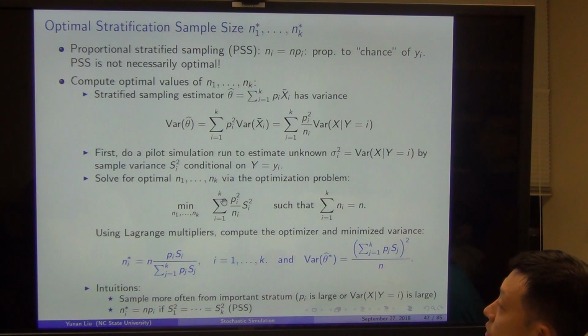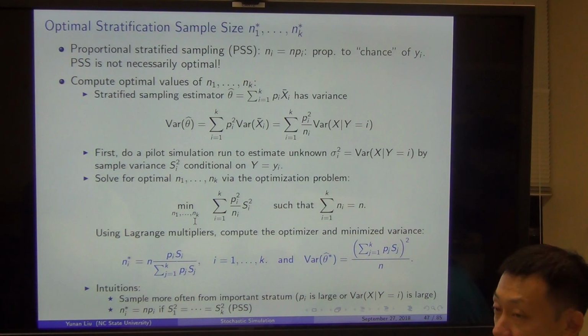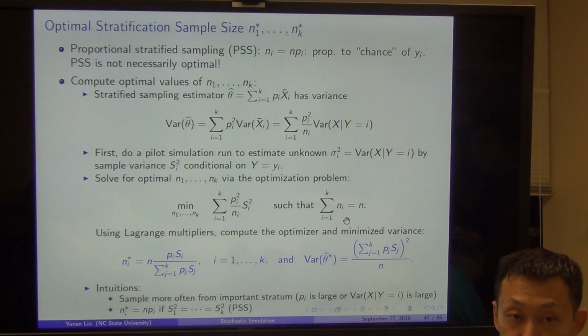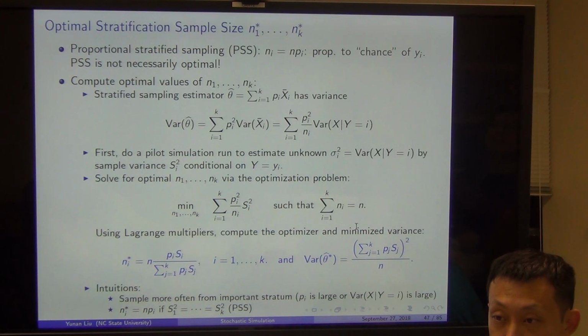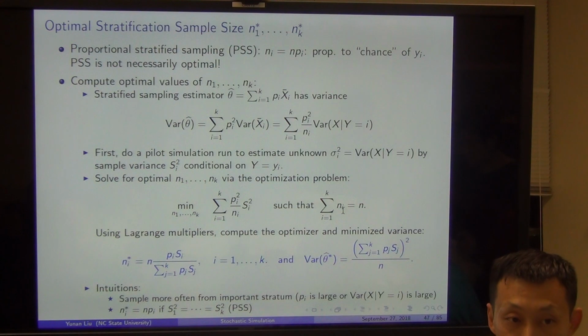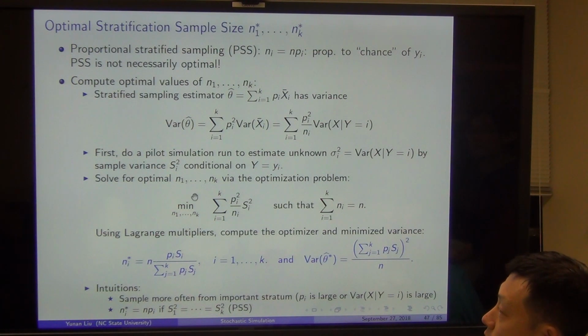Next, our objective here is to minimize this quantity, which is the overall variance, with the decision variables being n1 to nk, assuming k cases, subject to a budget constraint, right? Ni sum up to n. Right? We're solving an optimal allocation problem. Right? Before, the proportional allocation of ni is just one case, right? We don't know if that's optimal, right?